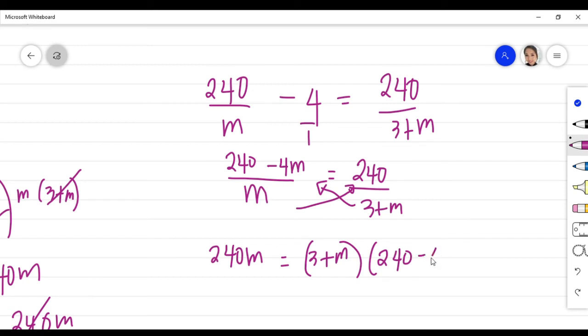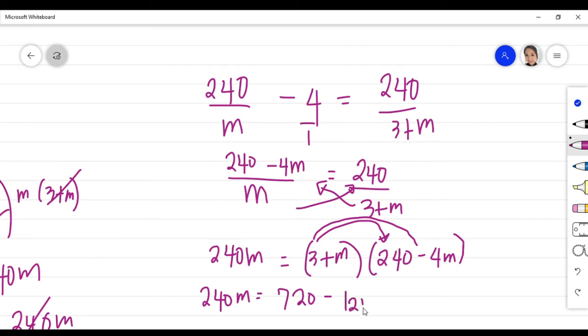So we will do distributive property. So 240m equals, distribute 3 to 240, that is 720. 3 times negative 4m, that is negative 12m.